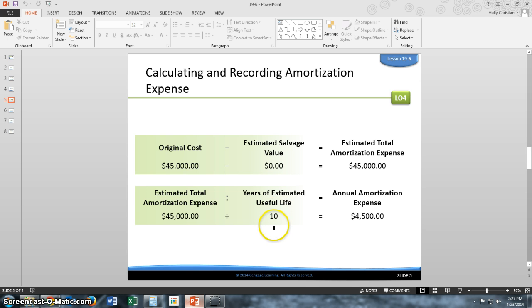So over the course of 10 years, I get to amortize it out for $4,500 a year. This is my annual amortization expense that I get to write off. So I figure up what I'm going to write off for the total divided by the useful life and get an annual expense. It's not depreciation, it's amortization.